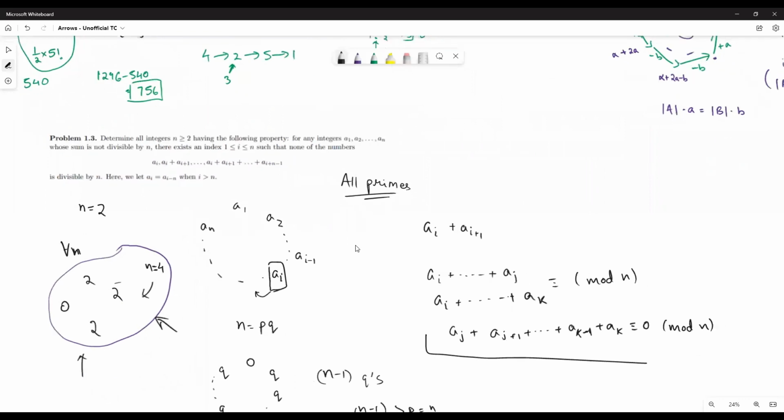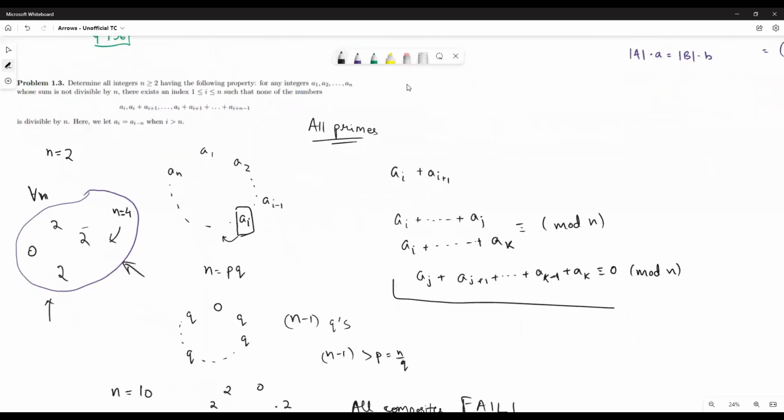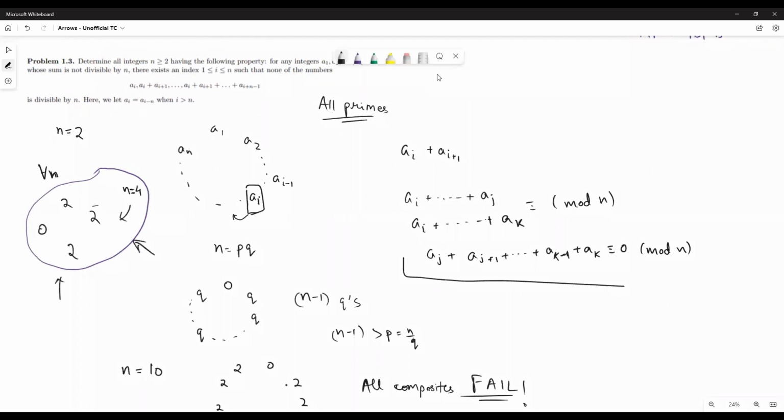And all we're left is to check if primes satisfy this condition or not, which is kind of easier because you just have one divisor to worry about rather than all the prime divisors and their powers in a composite number.